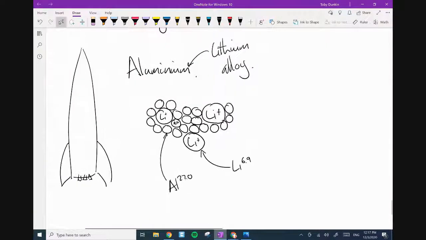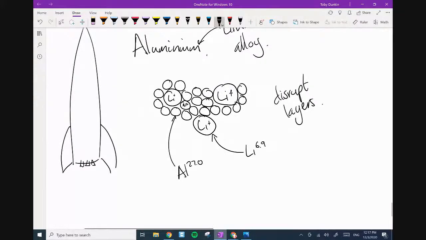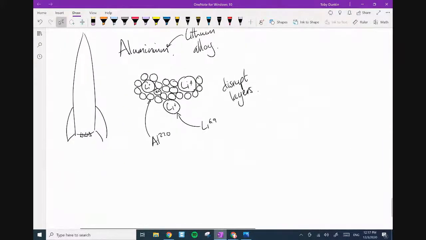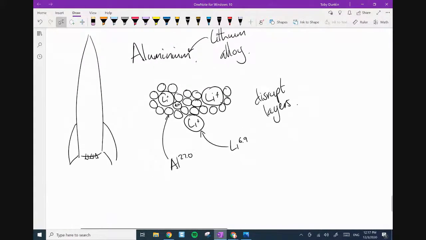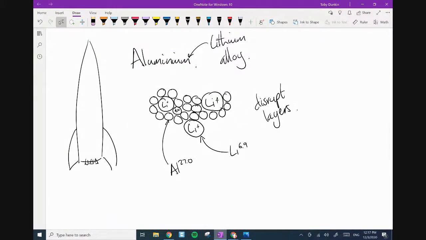So this one is a classic: disrupt layers, cannot slide as easily. It also makes it lighter. Good for a spaceship.